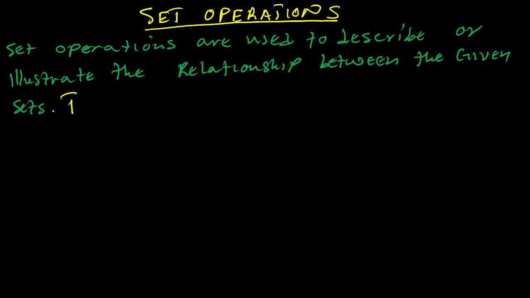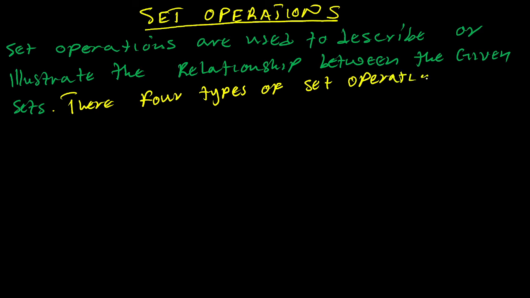There are four types of set operations. These are: 1, the intersection set, the same one you are thinking about.